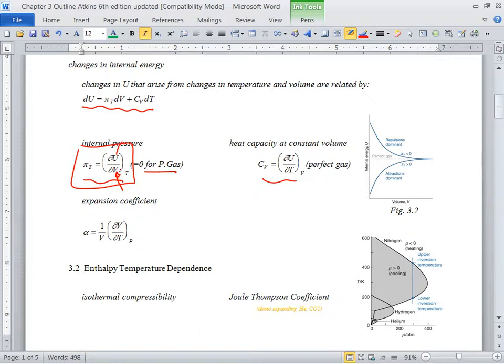Now, this internal pressure is 0 for perfect gases. But for real gases, you look over here, and the internal energy, you know, it's not 0. So what they're trying to say is, let's see, what is that? That's a volume. So volume is going this way.